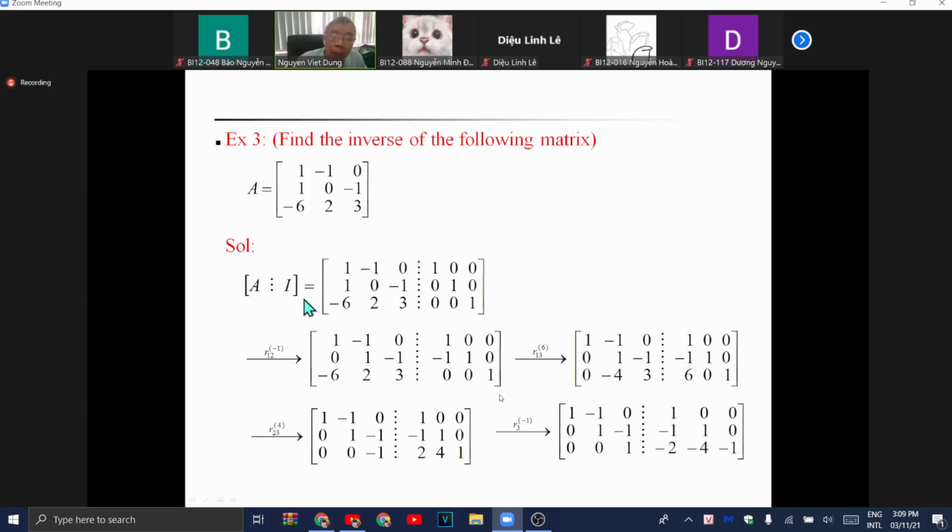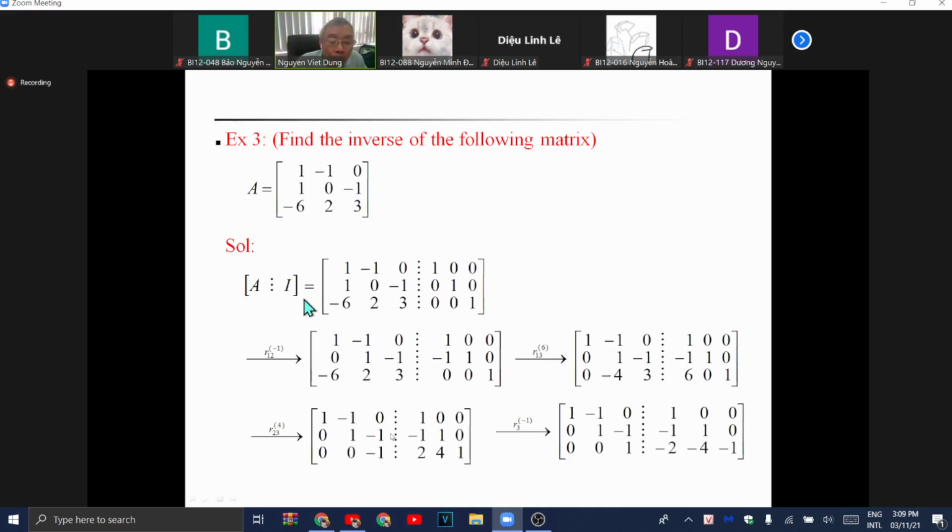And again, we continue that way. We apply that operation. That operation means we multiply the second row here by 4 and we add it to the third row. Then it makes that entry become 0.